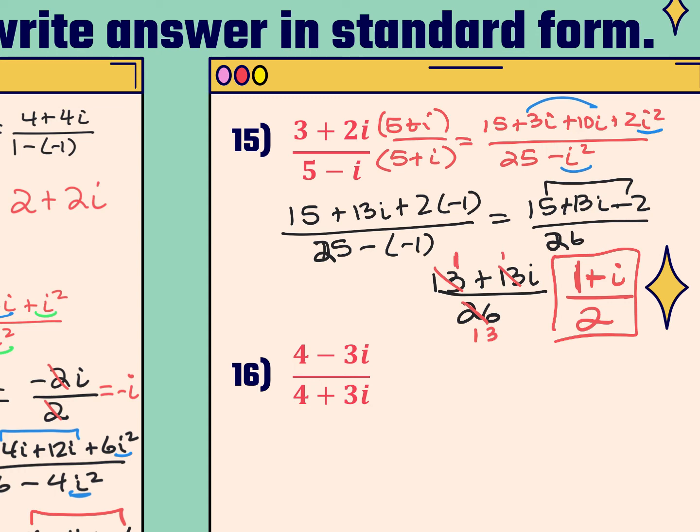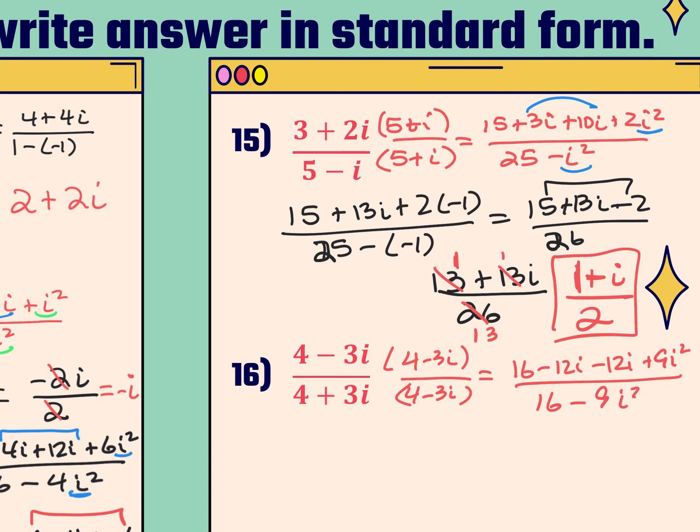And then the last one here with the conjugate, again, my conjugate is 4 minus 3i. I gotta FOIL the top. The bottom I can just do first and last. Top becomes 16 minus 12i minus 12i plus 9i squared over 16 minus 9i squared. Again, combine those, replace the i squareds.